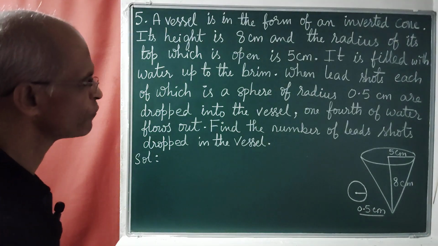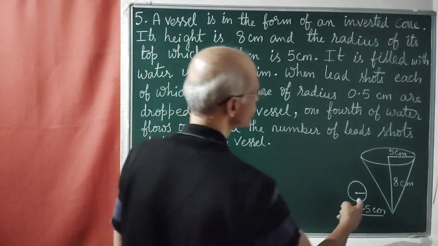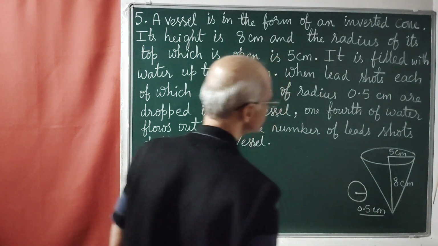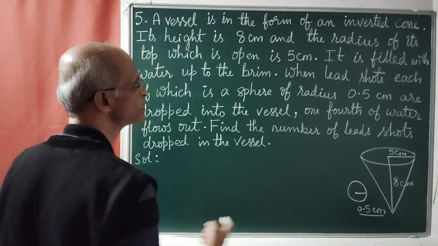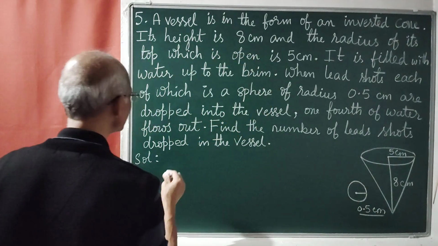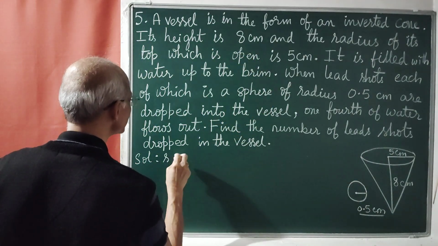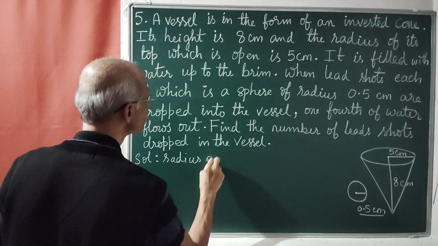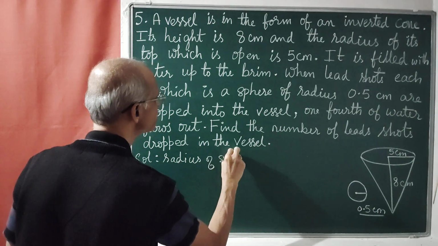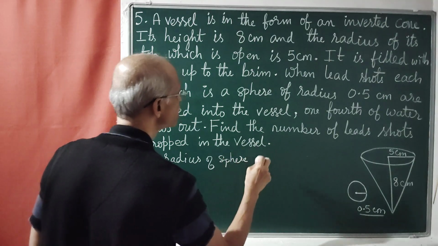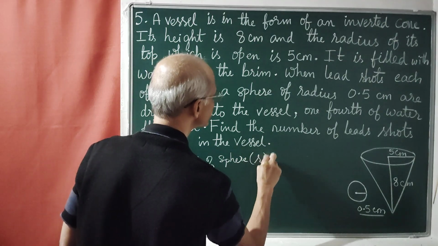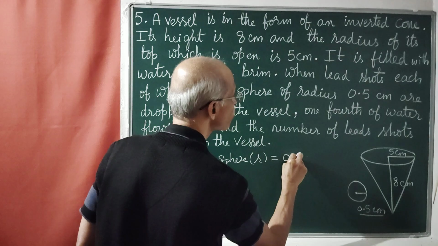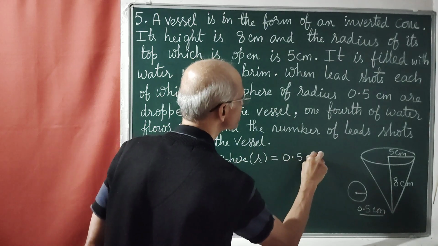So first we'll find out the volume of each lead shot. So it's a sphere. Radius of sphere is equal to 0.5 centimeters.